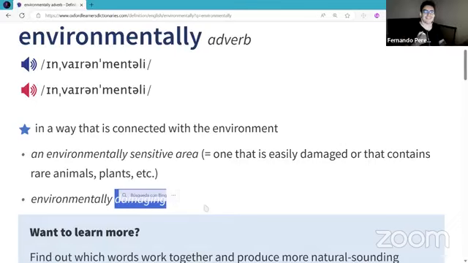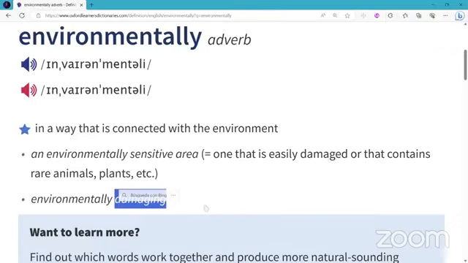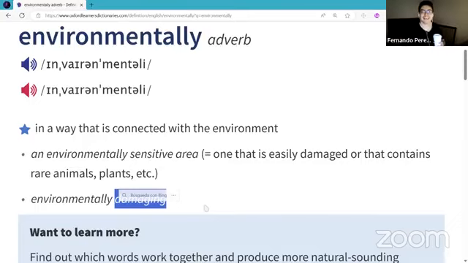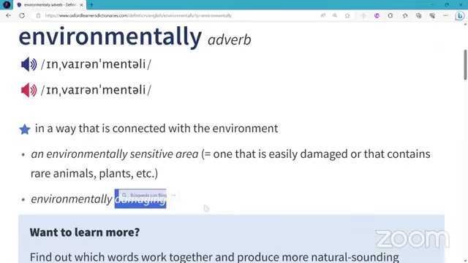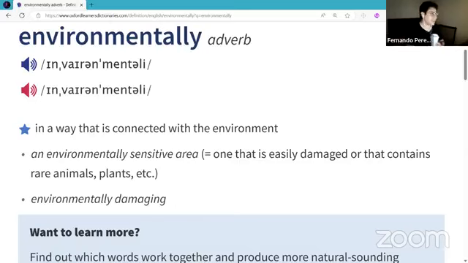So then damaging parks doesn't exist. What is damaging? What is environmentally damaging to the city? The trash, por ejemplo. For example, in English. The trash is environmentally damaging the city. Oh, okay.